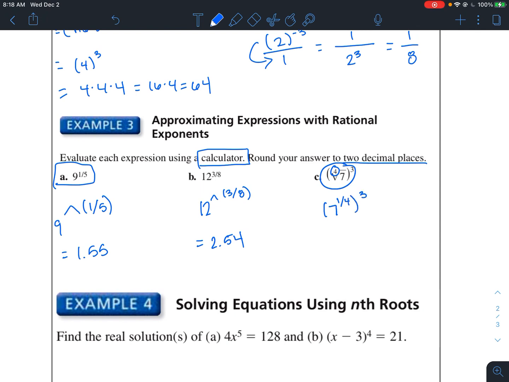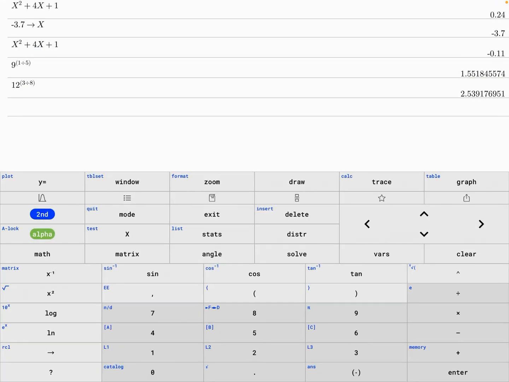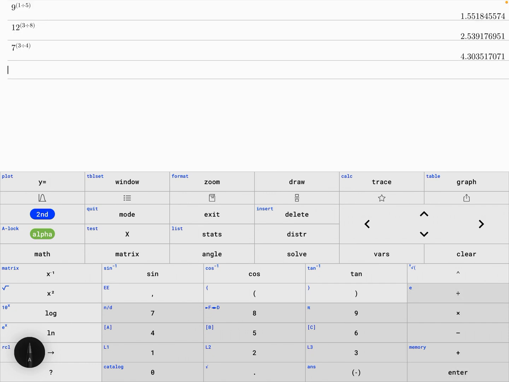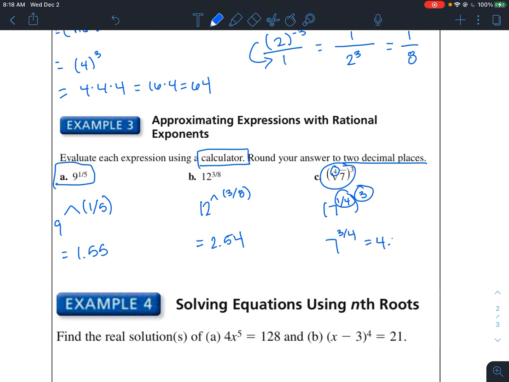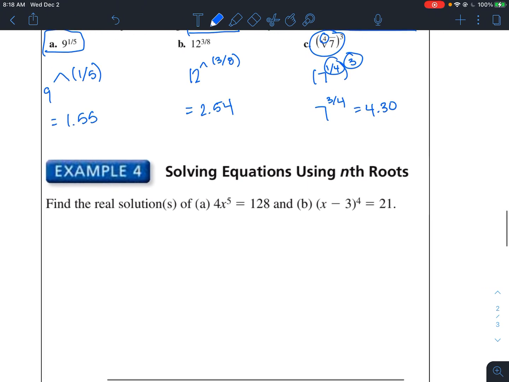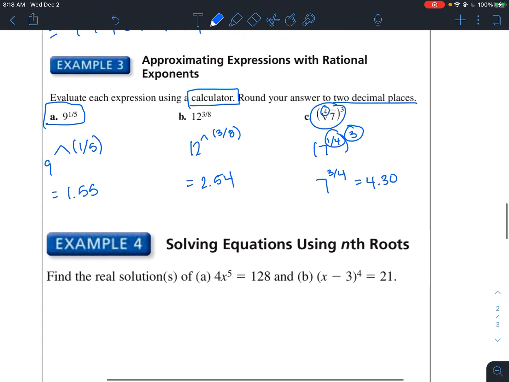Since these are being multiplied, I can change it to be 7 to the 3 over 4. And that's what I'll type in here. I'll do 7 raised to the 3 divided by 4. Enter. And that is 4.30. And that's it, using a calculator. Pretty simple.